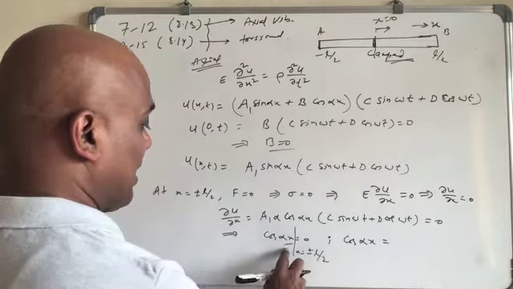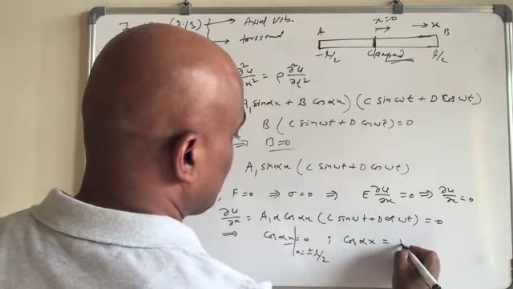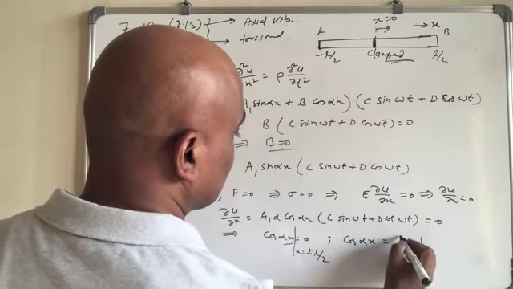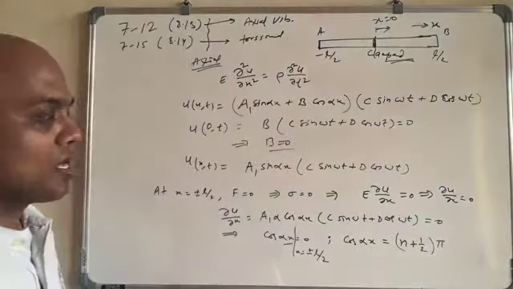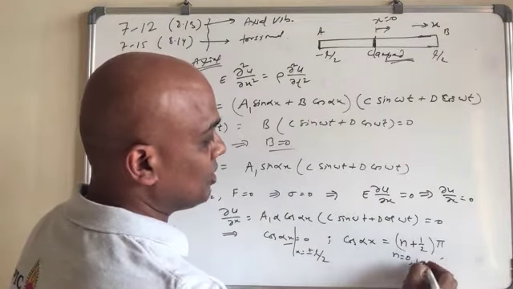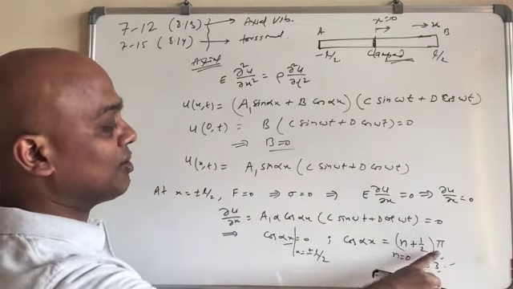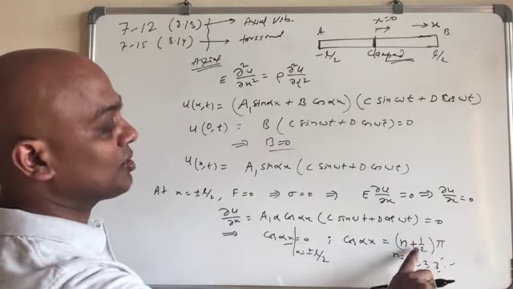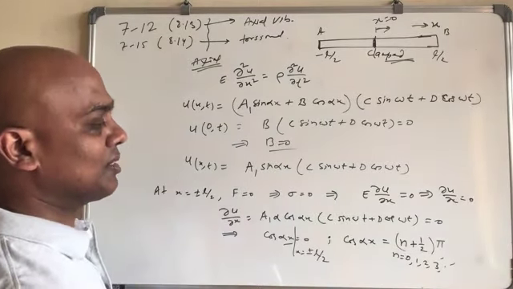Actually you have only one constant. Cos x will be 0 when we have n plus half times pi, where n equals 0, 1, 2, 3 and so on. So for n equal to 0 we have pi over 2, where cos is 0, then n equal to 1 gives 3 pi over 2, so there also it is equal to 0, and so on.